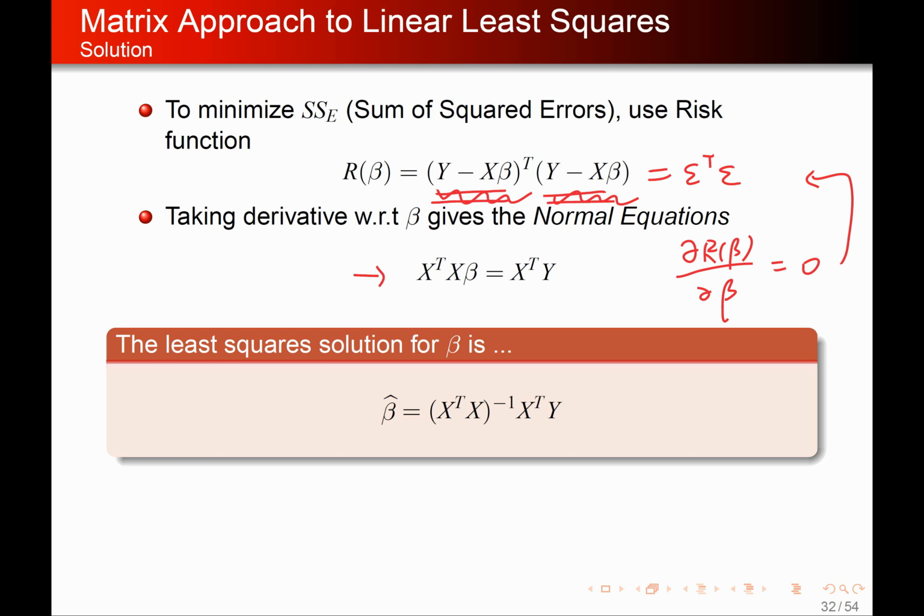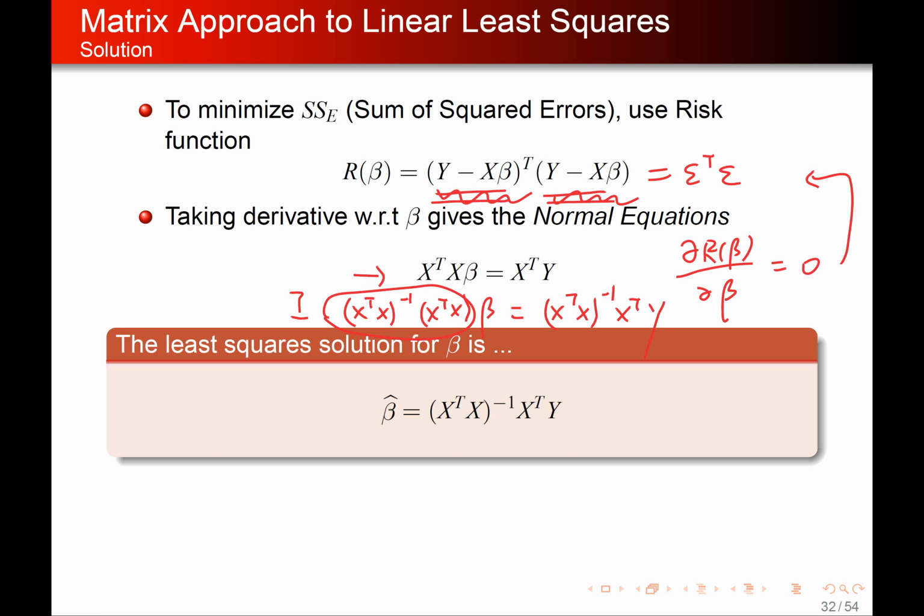So if we multiply by (X transpose X) inverse, we get (X transpose X) inverse X transpose X beta equals (X transpose X) inverse X transpose y. However, you see, this term will become an identity matrix.